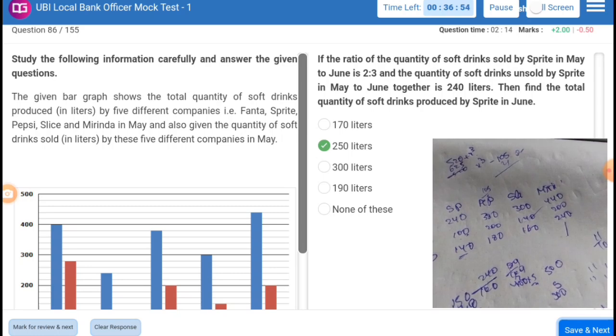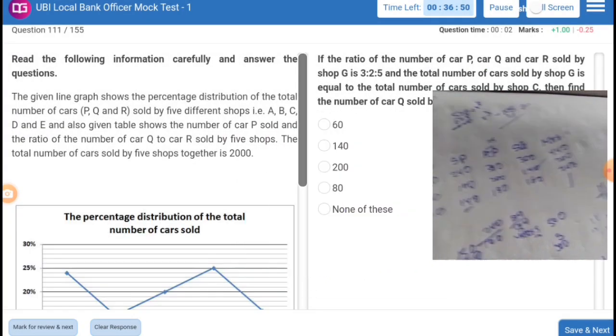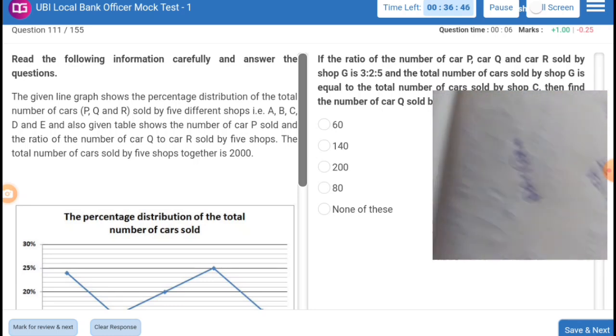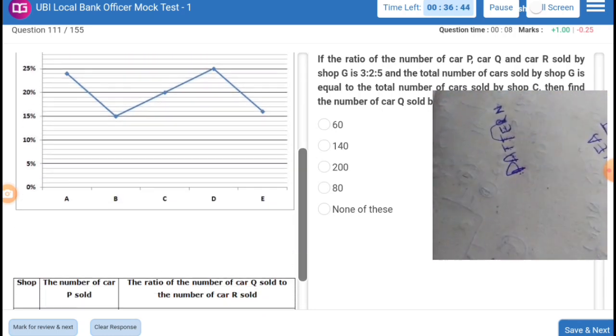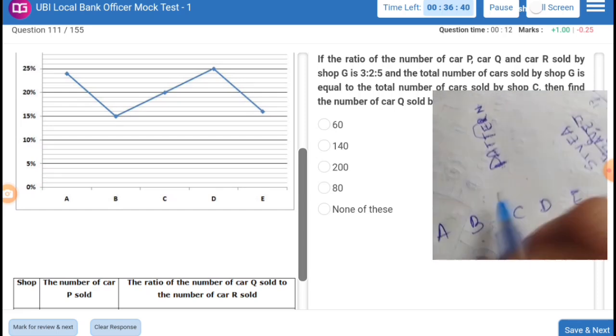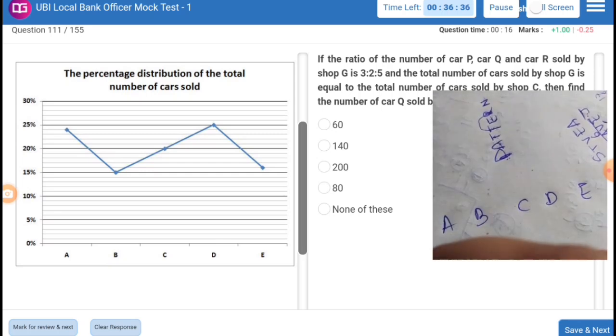Next one. A, B, C, D, E of distribution of total number of cars sold.